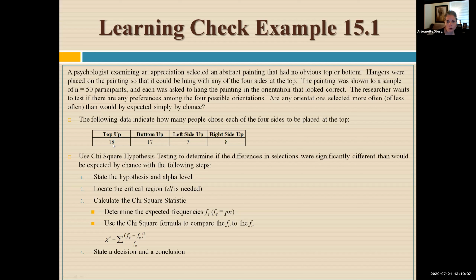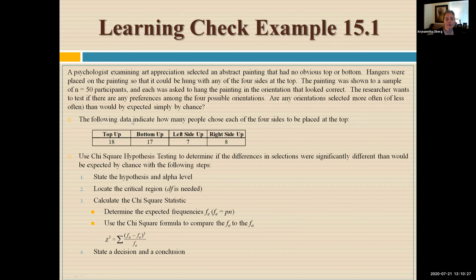We have a total sample of 50 participants. So if you add up all these numbers, it is 50, right? So 18 plus 17 is 35, plus another 15 is 50, okay? So these right here are the observed frequencies.